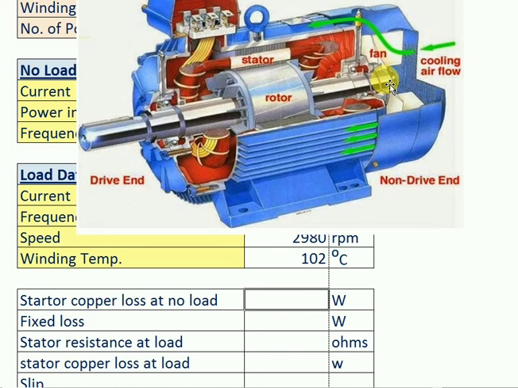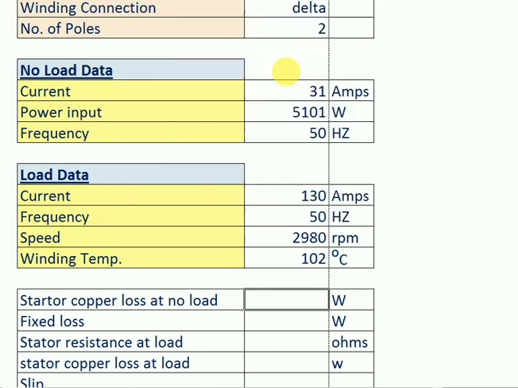For that we need the stator copper loss at no load, because no load power minus stator copper loss gives the fixed loss, the magnetic core loss and the windage loss. Because this motor is not connected to any equipment while running, the power taken is basically the magnetic core loss and the friction and windage loss only.